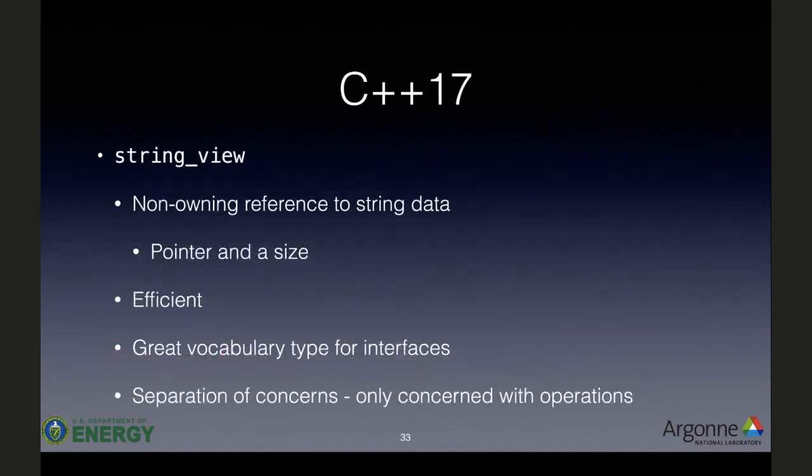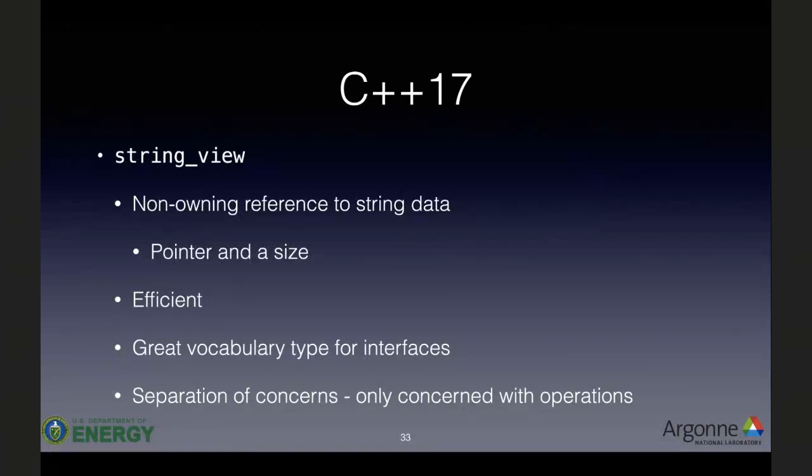Along comes string view. It took us about 5 or 6 years to get it in, and it is the first non-owning reference to data. It's not just string data. Internally, it's just a pointer and a size, so it's efficient to copy around, and it turns out it makes a great vocabulary type for interfaces. When I first saw string view, it was called string ref at the time, proposed by Jeffrey Askin at Google.